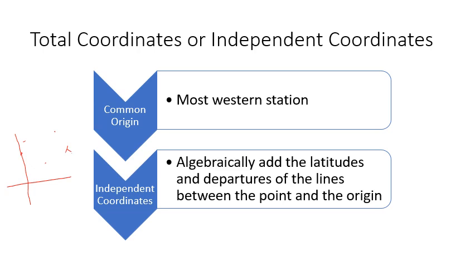So it is always advisable. It's not a rule, but it is advisable to select the station on the most western side, so that all the latitudes and all the departures will be positive only. But it is not mandatory.